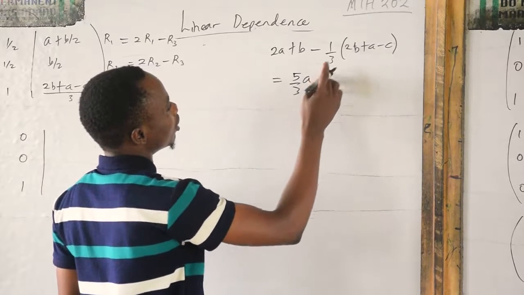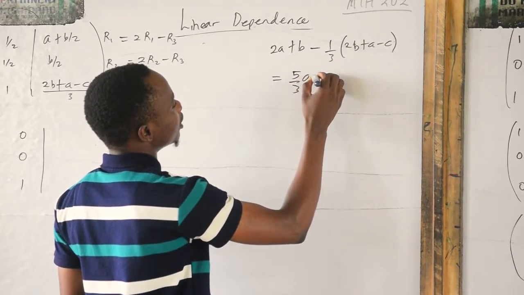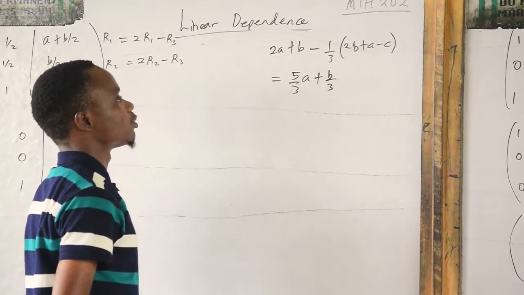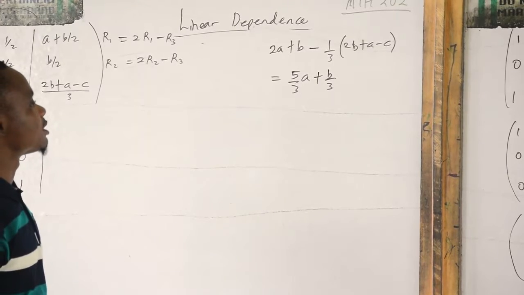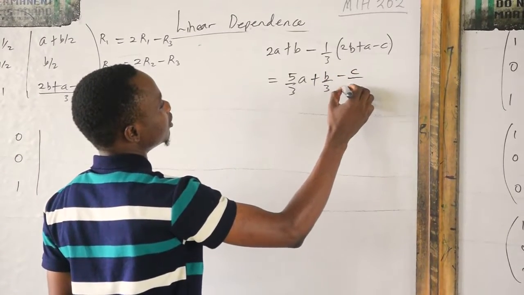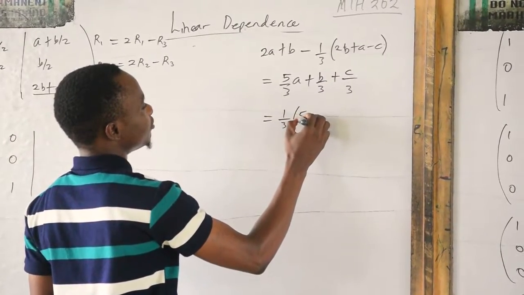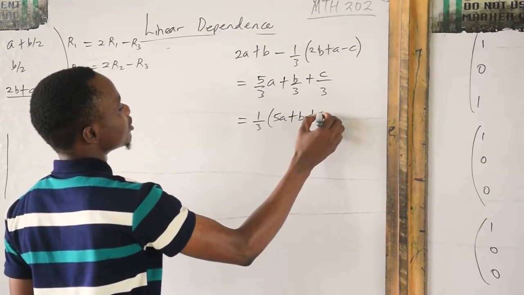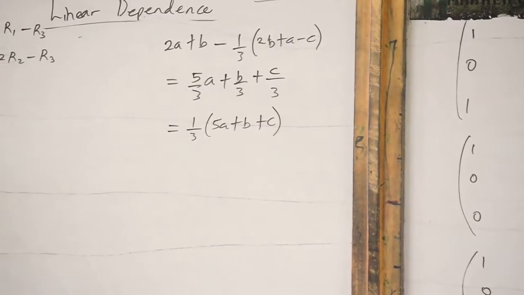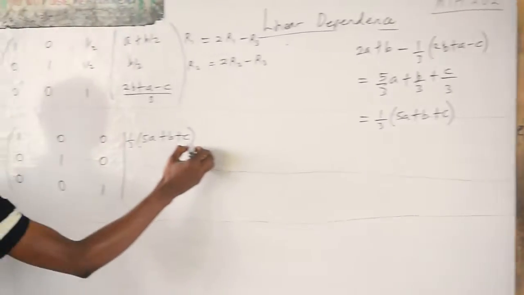So that will be plus B over 3. I'm going to have the next one. For C, that will just be minus C plus C over 3. That will be 1 over 3 into 5A plus B plus C.